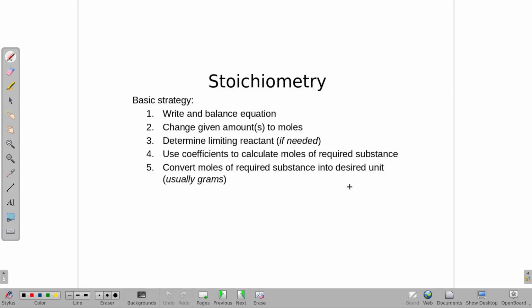Very first thing we're going to do is, if I give you something in units other than moles, you will convert those to moles. Third step's interesting. We'll talk more about limiting reagent later on, and then we will use the balanced equation to give us a stoichiometric ratio or a conversion factor. And then the last thing, our conversion at this time will always be in terms of moles, but we might want some other unit, like grams.